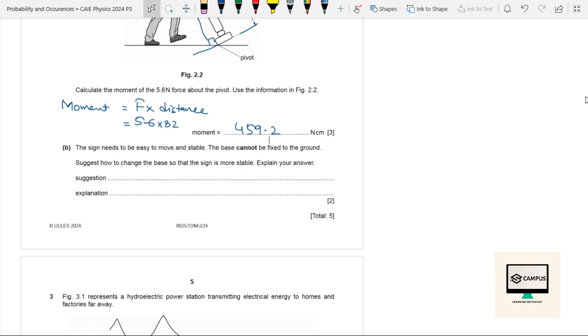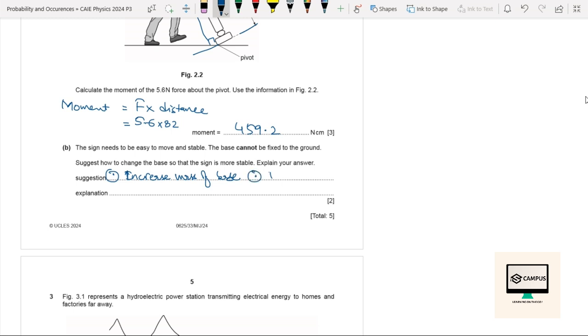So one thing, as we all know, is that if we can somehow lower the center of mass of an object, it will become more and more stable. How can we do that? One good suggestion would be to increase the mass of the base.